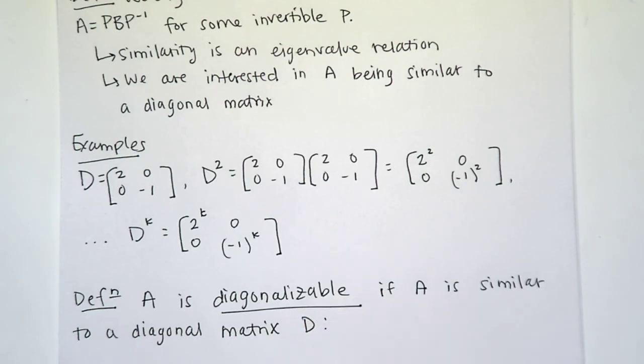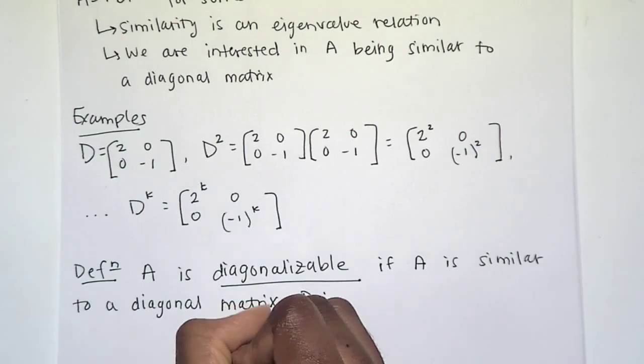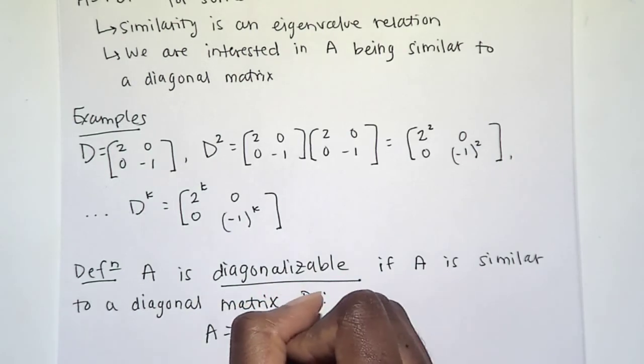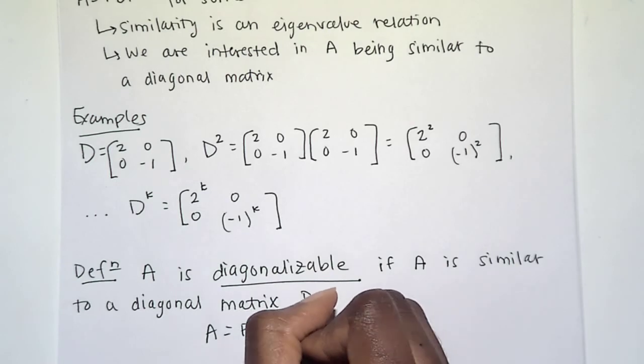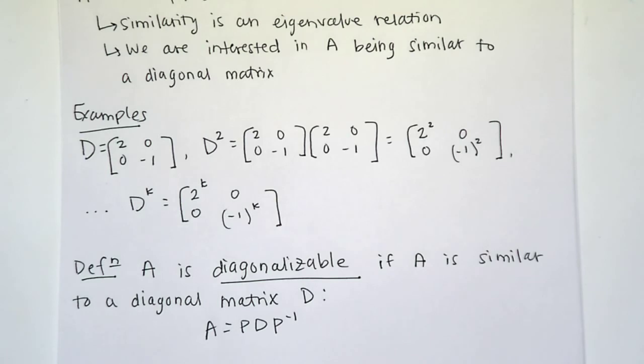Let's call it D. Remember, what does it mean to be similar? That means we can write A as P D P inverse for some invertible P. We can learn some things about A just because we're using the word similar. A is similar to a diagonal matrix means that A must be a square matrix. So we're only talking about square matrices when we talk about diagonalizability.